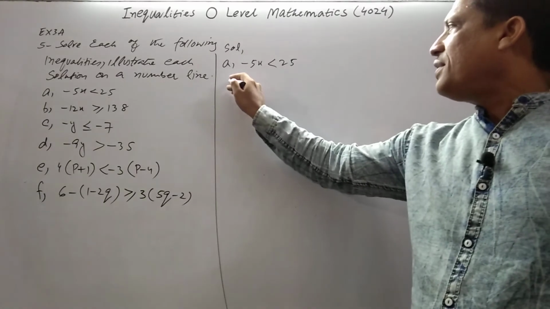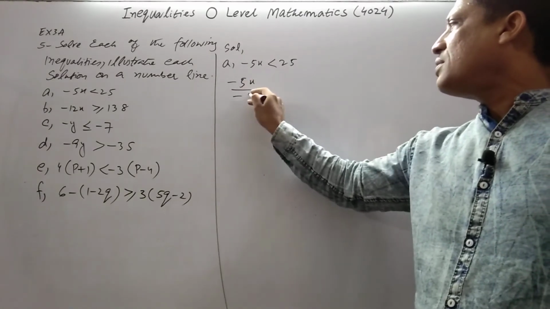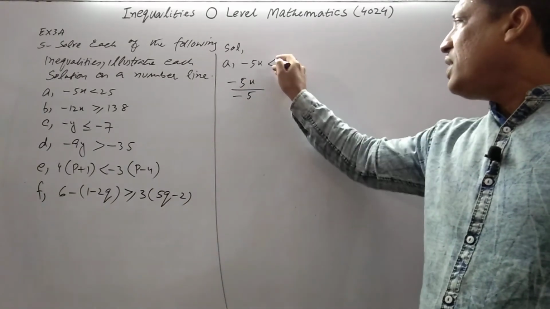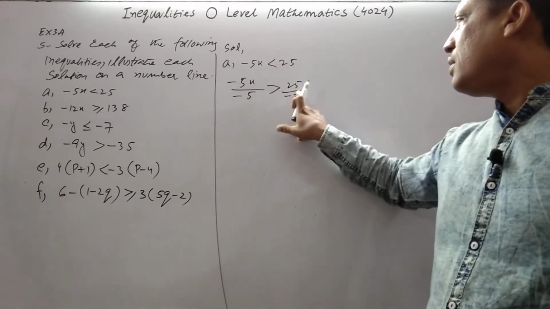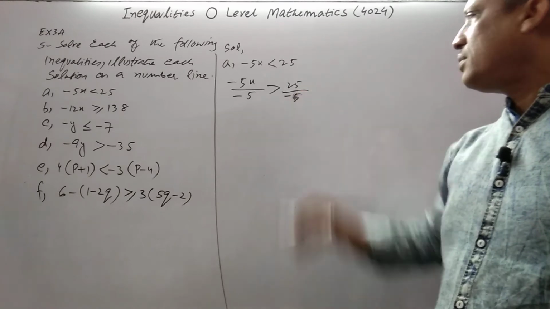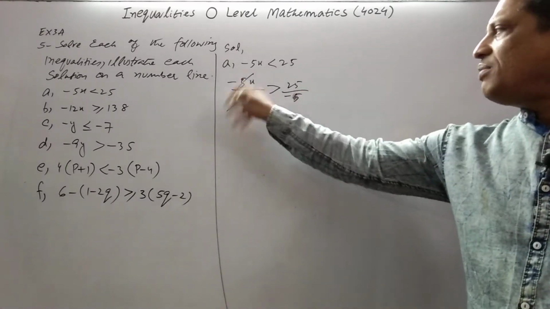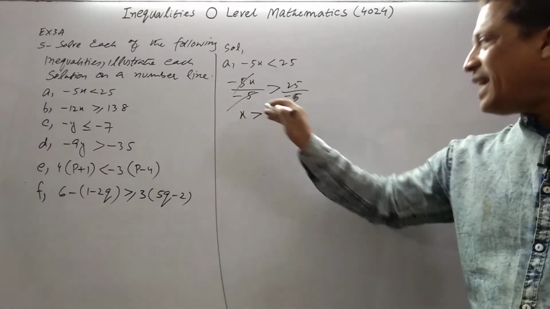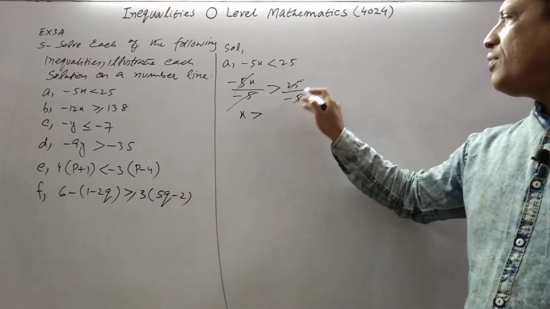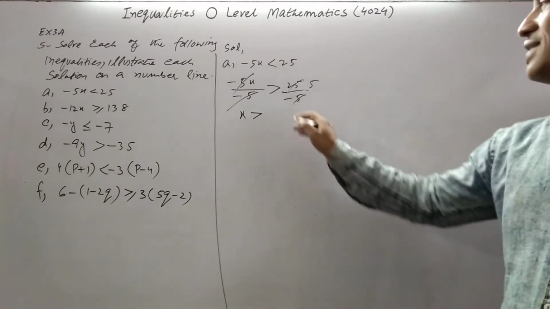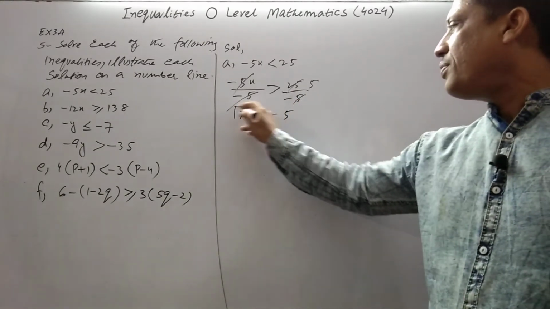So if I divide minus 5x by minus 5, this less than sign should become greater than. I hope you understand. So minus 5 cancels by minus 5, and the answer is x greater than, 5 5s are 25, so minus 5.